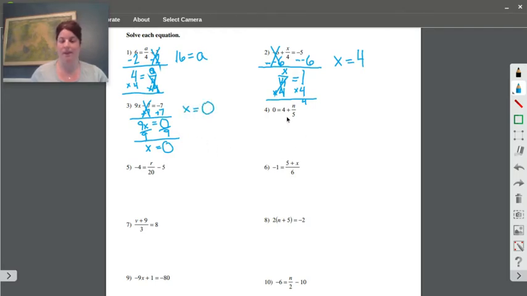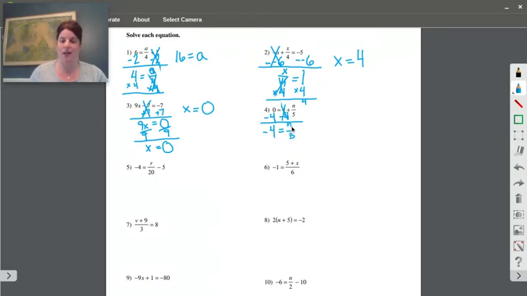All right. Here we have another 0. 0 equals 4 times n divided by 5. Once again, we get rid of that 4 first, so we subtract 4 on both sides. On this side, 0 minus 4 is -4. These two cancel out, so we have n over 5.